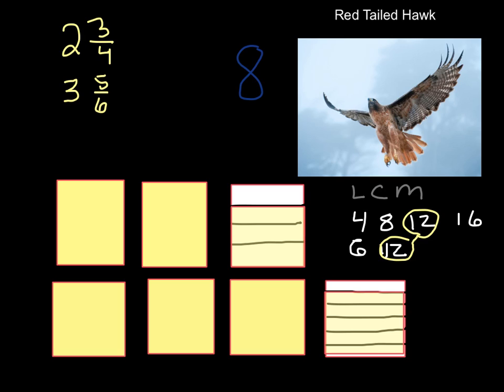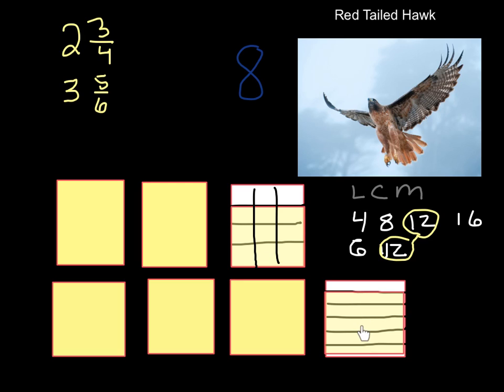Okay? So now that means for this top box, I'm going to cut this into 1, 2, 3 parts. 3 parts means I'm going to draw 2 lines. So I'll go 1 and 2, and that should give me 12 parts. So I've got 1, 2, 3, 4, 5, 6, 7, 8, 9, 10, 11, and 12. So now I've made a new fraction there.